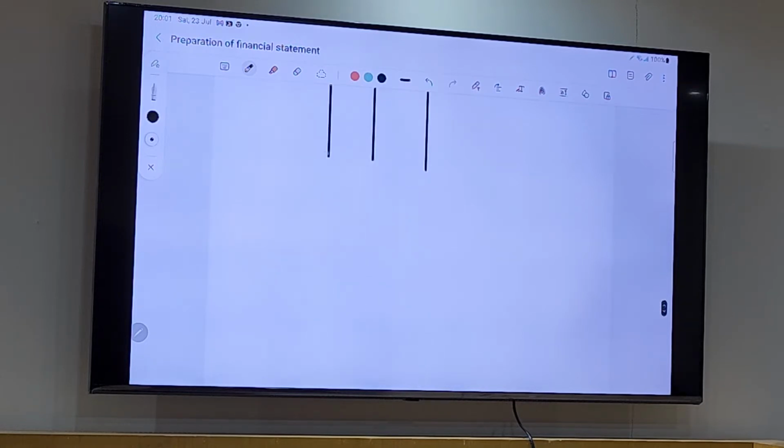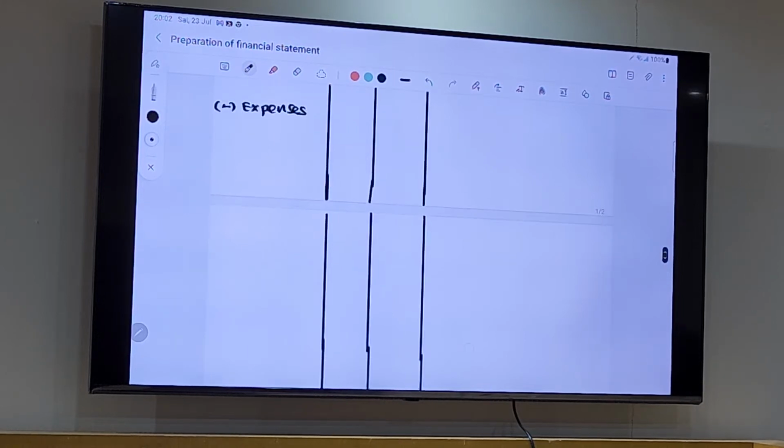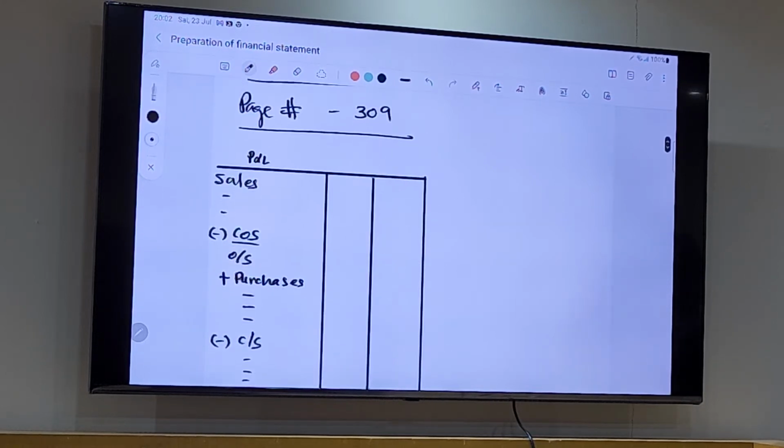So this is your profit and loss account.